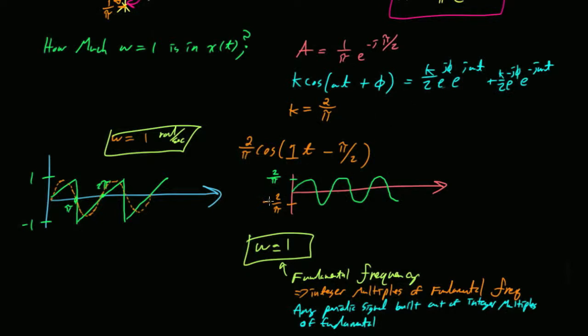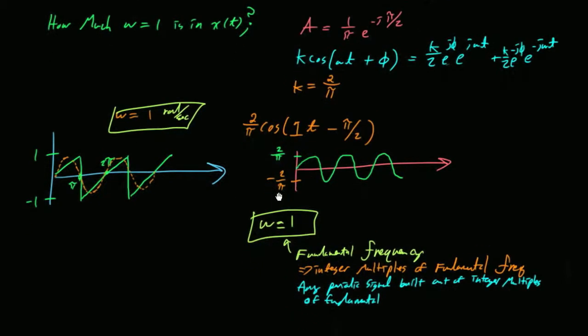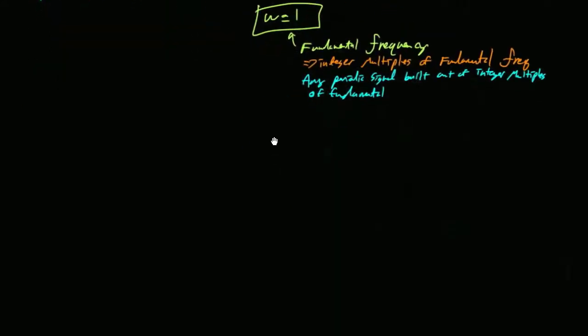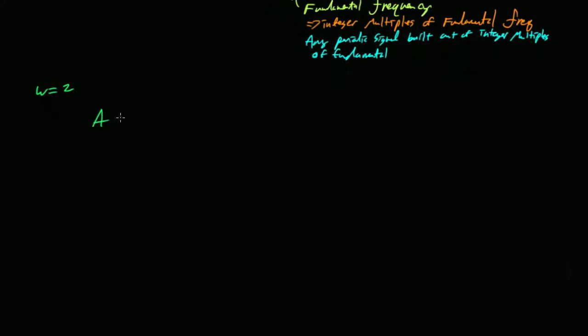So here's what I'm going to do. Without erasing anything on the board, I'm going to get you your answer for omega equals 2. We've answered the question how much omega equals 1 is in x of t. Now we're going to try omega equals 2. So watch this. That was easy. Now my a is equal to 2j.